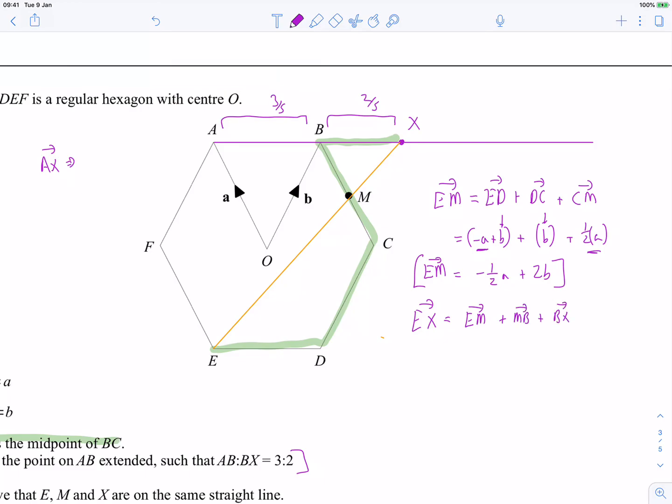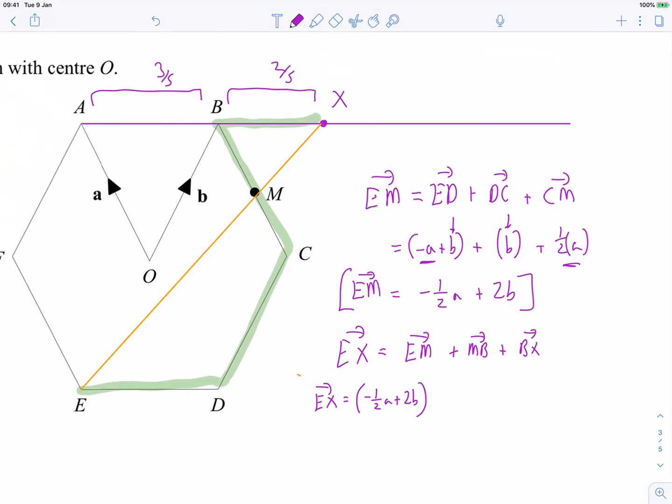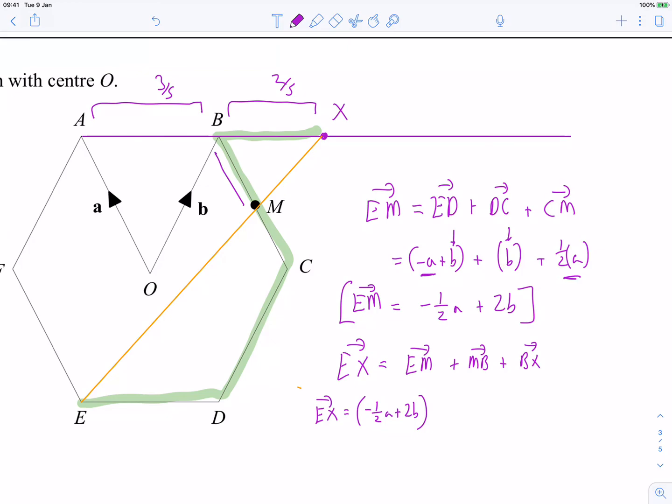b to x. And the beautiful thing about doing it that way is I can save a lot of work, because e to m is already in there, which is a half a plus 2b. M to b, if you think about it, is the other half of a, so that's plus a half a there.